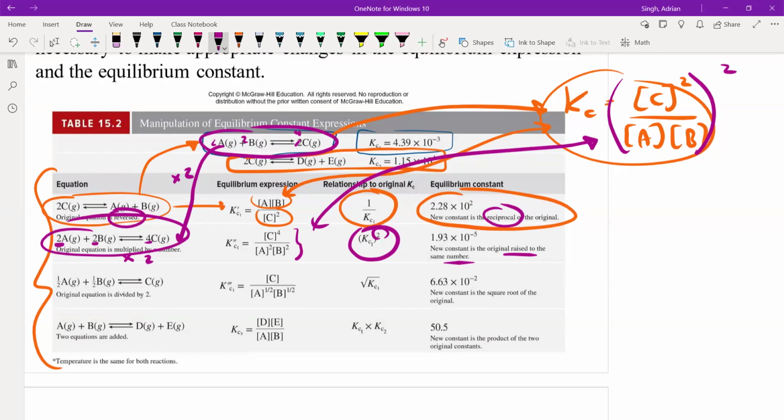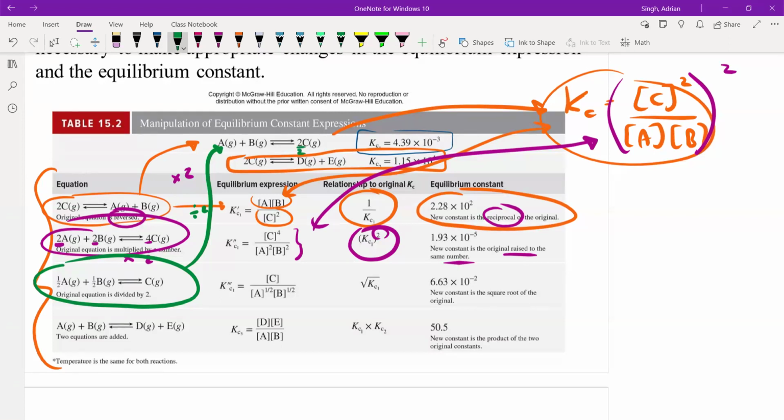What about if we divided an original equation by a certain number? So if we take a look now at this equation here, this is related to this one by dividing that original one by 2. So if I divide everything by 2 now, my coefficients get divided by 2. The 2 gets divided by 2, this becomes a half, and then this becomes a half. So then this here turns into 1. So when I have my new equation now and I write the Kc expression for that, what I end up with is this as my expression.